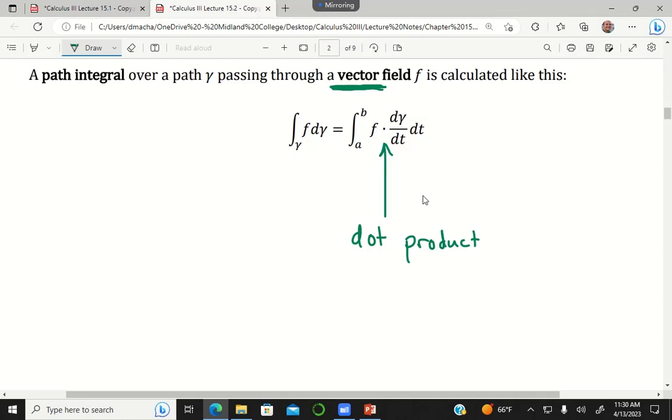We're taking the dot product between the vector field, which would be a 3-dimensional vector if we're talking about 3-dimensional space, and d gamma dt, where gamma is the path, so gamma is a parametric curve, which you can think of as a vector with 3 entries. So the derivative with respect to t just means you take the derivative with respect to t of each of the 3 entries of the vector, and so that's also a 3-dimensional vector. So we're taking in the integrand a dot product between 2 3-dimensional vectors, and then we'll integrate with respect to the way that we've parametrized the curve.